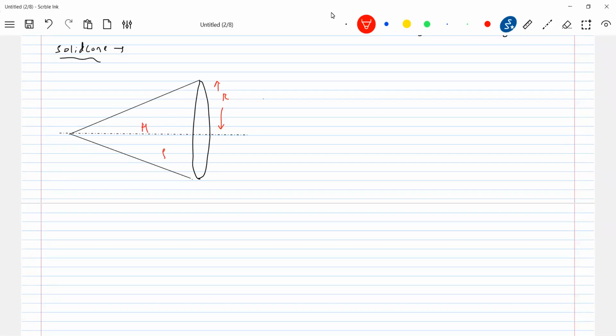I think it's a solid 3D object. We'll define the volume density. So let this be the coordinate origin O. From here, we should find out the location of the center of mass.